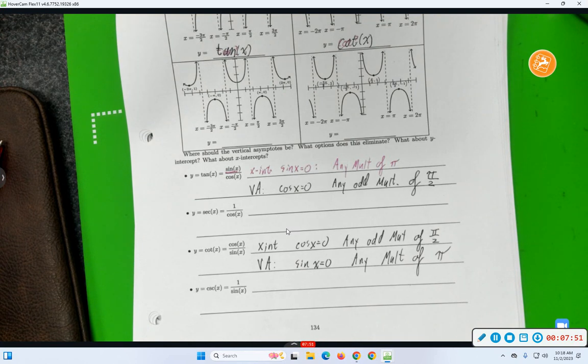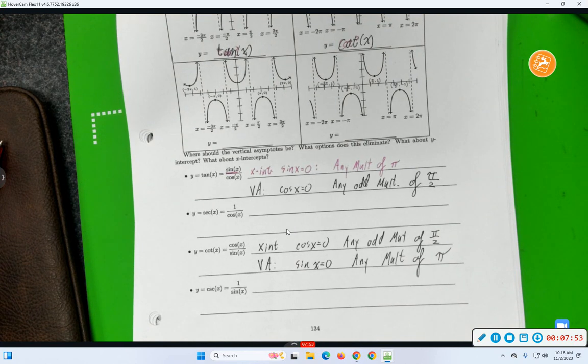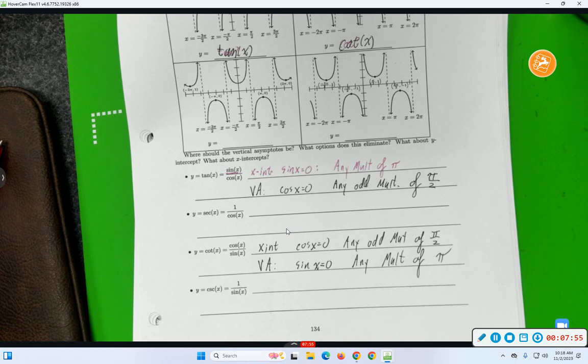All right, that leaves 2 other candidates. I guess one of them is secant and the other one is cosecant. Any guesses as to which one should be which? Well, let's try to figure it out. Let's check for vertical asymptotes because both of these seem to have some vertical asymptotes. Secant is 1 over cosine.